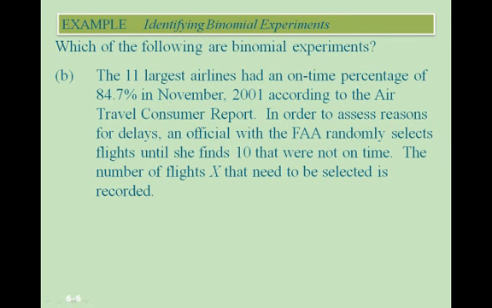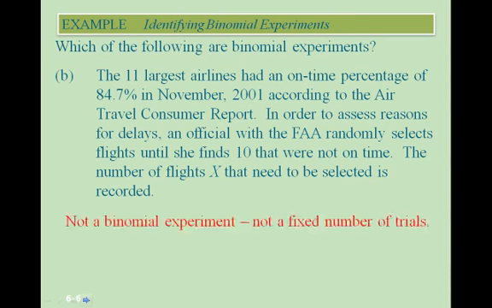The number of flights X that need to be selected is then recorded. So we want to know if this is a binomial experiment. And we can already tell that it's not. There was not a fixed number of trials. The official simply selected flights until she found 10 that were not on time. So that was not a fixed number.